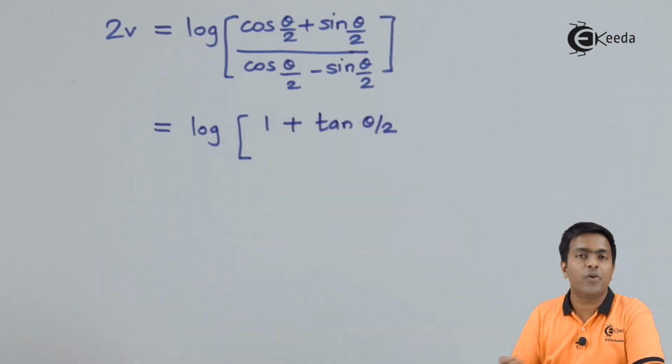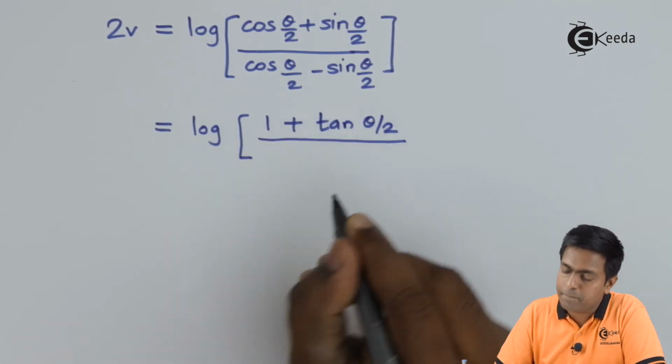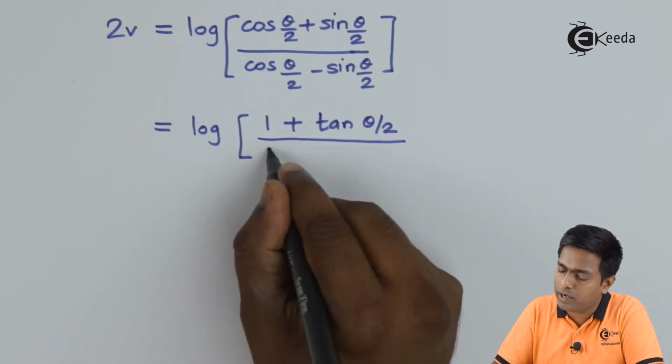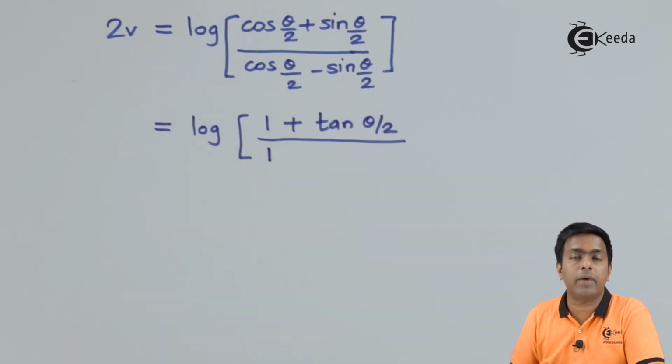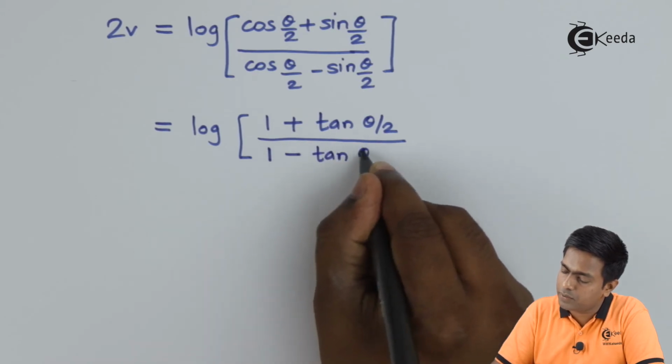So guys, see here we are getting the tan term over here. Next, in the denominator, divide first term by cos theta upon 2, we'll get 1. Divide second term by cos theta upon 2, we'll get tan theta by 2.